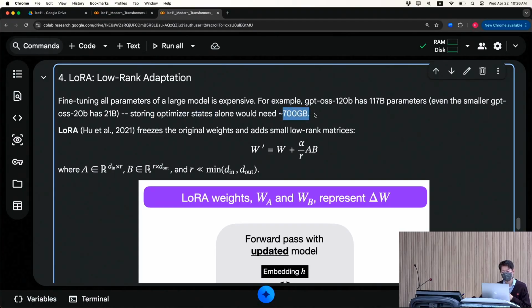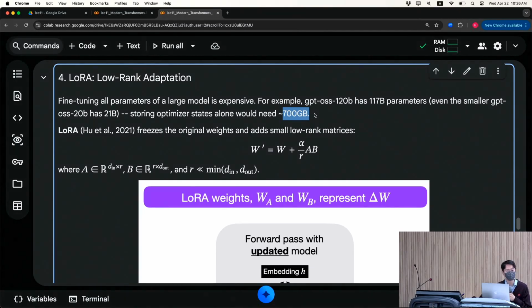Do you know, for example, if you have a GPU, how much memory it has? A single modern GPU? Just to give you some context. 80 gigabytes? For an expensive GPU, yes.